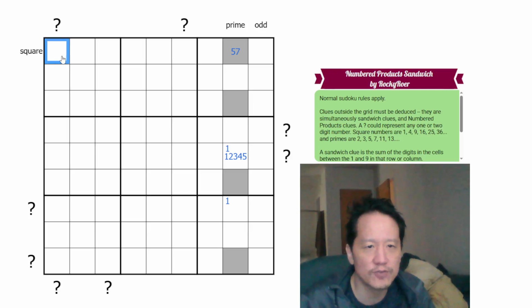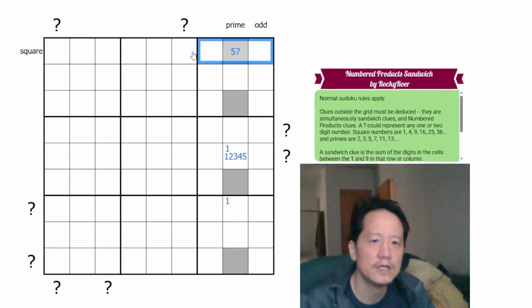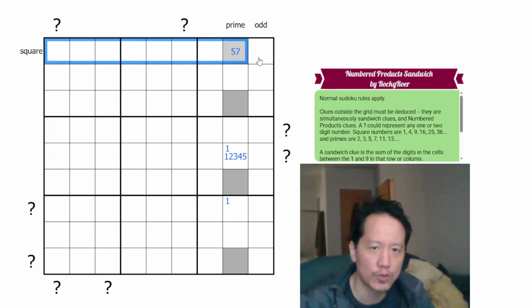You can't have 25 and 5 in the same row, and that's the only way you can get to 25. So 25 is out. You can't have 36 in between as a sandwich clue. So 36 is out. Therefore, the square must be 16.